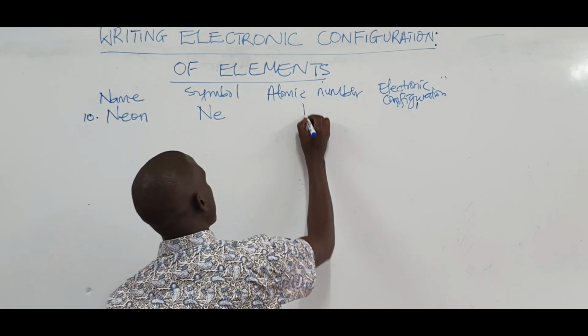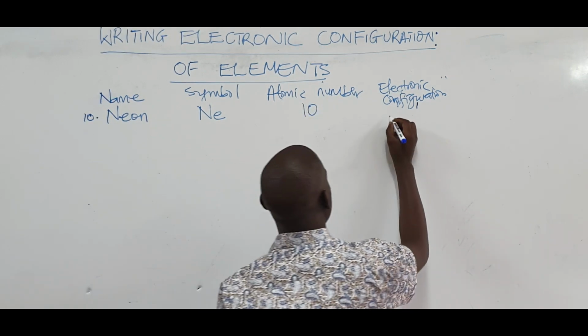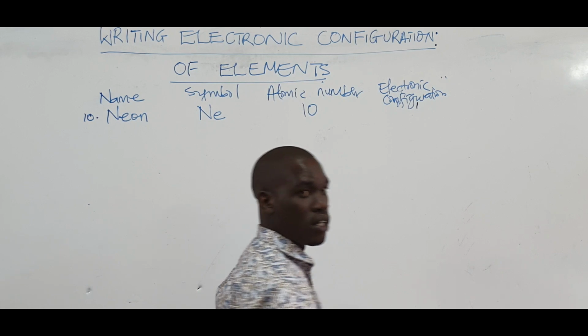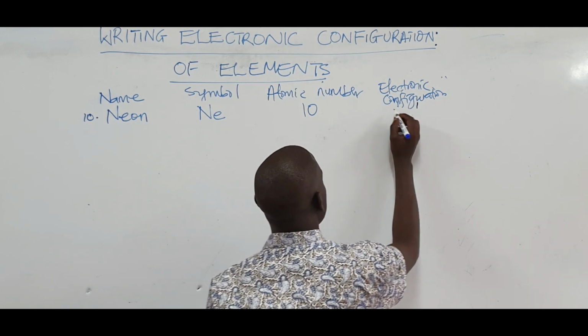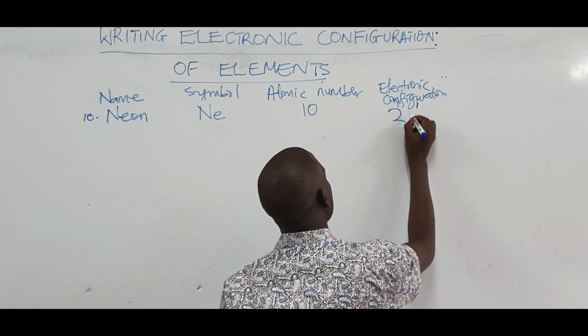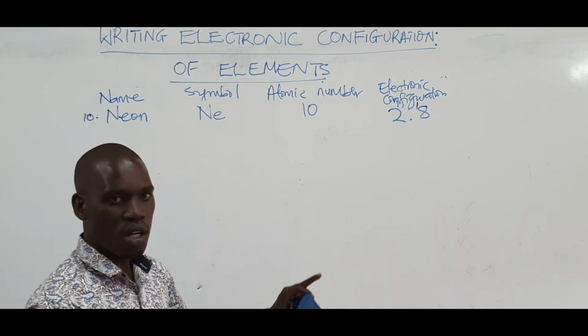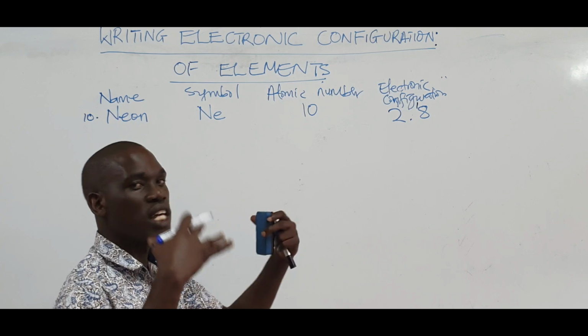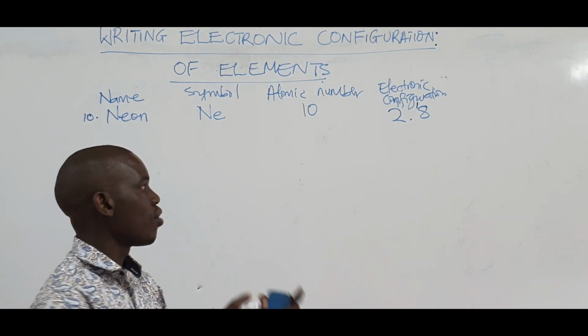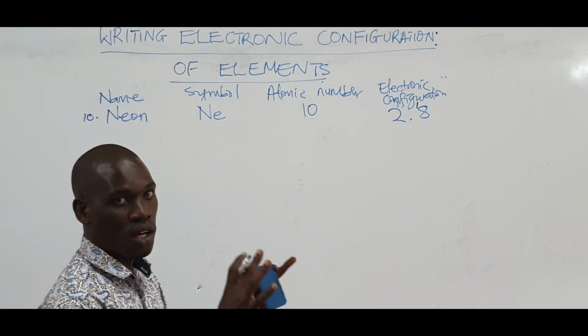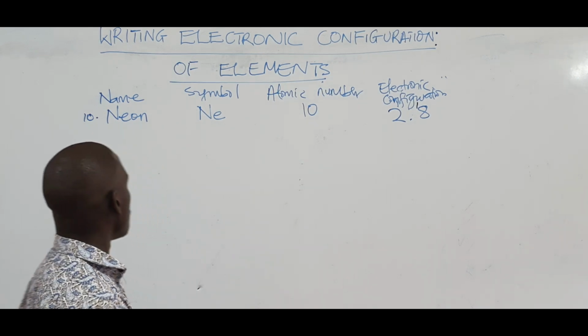Atomic number is 10. Electronic configuration is going to be, the first shell we shall be having 2, then the outer one shall be 8. So from neon we now reach the maximum number of electrons that are contained in the next shell.